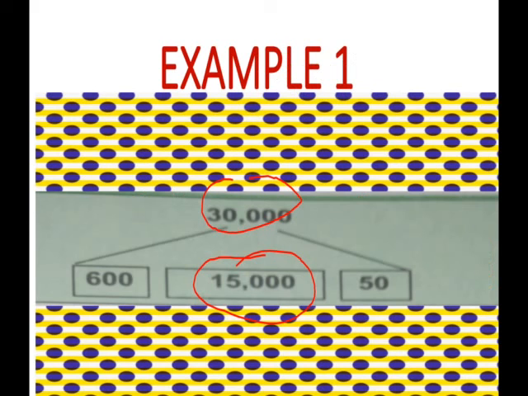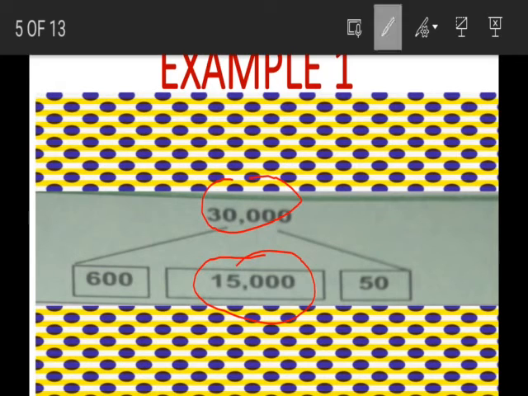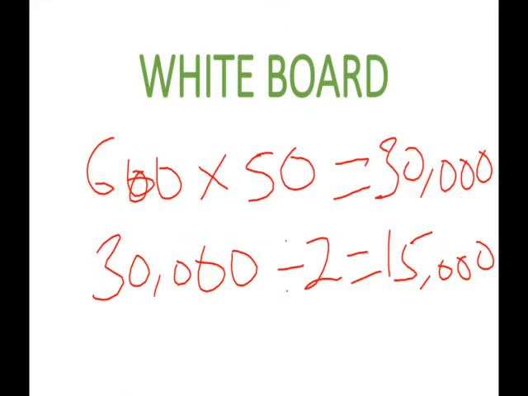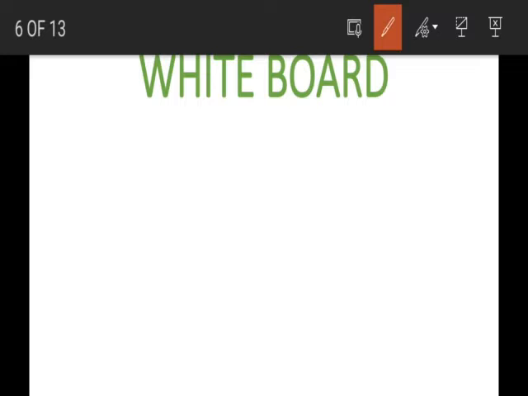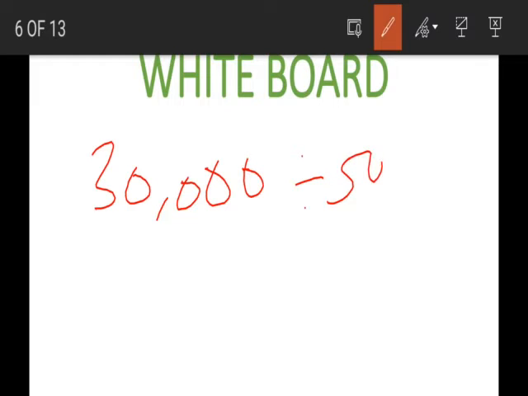Good. To get your 600, what do you do? Since you multiply 600 by 50 to get 30,000, to get 600 what you do is division. 30,000 divided by 50 will give you your 600.